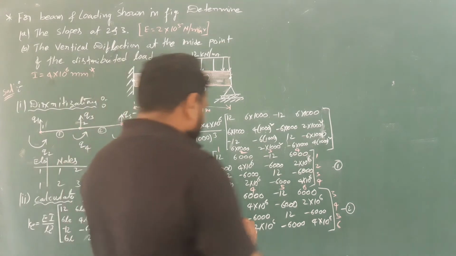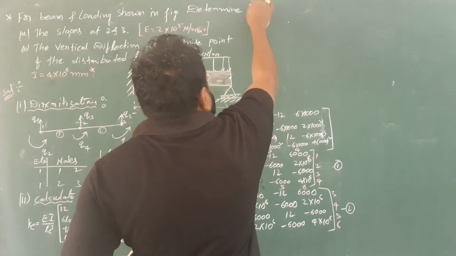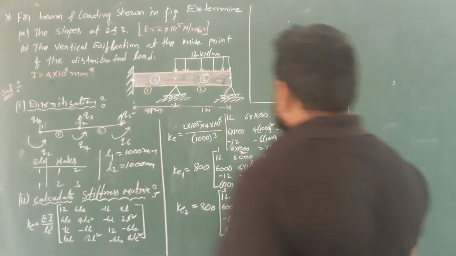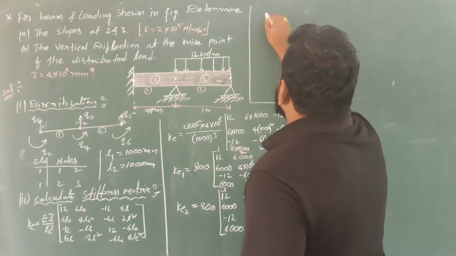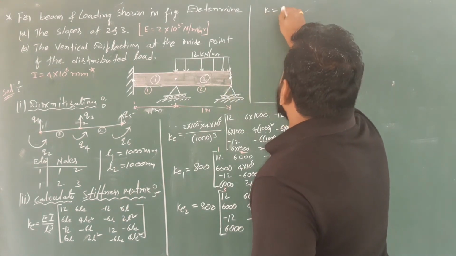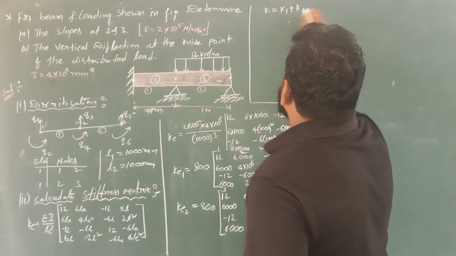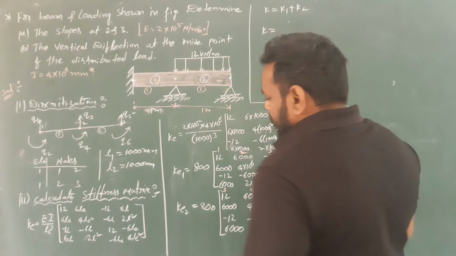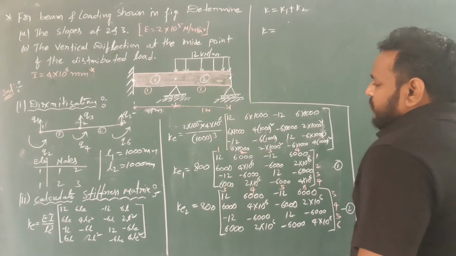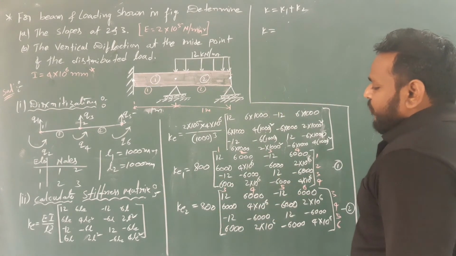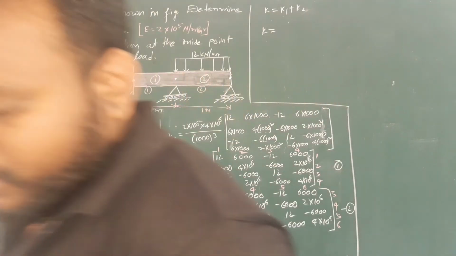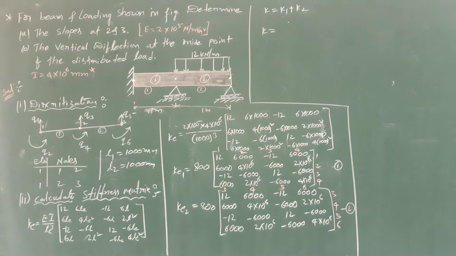Okay. Now find out the global stiffness matrix. So K is equal to K1 plus K2. Okay. Here 8000, here 8000. So the entire global stiffness matrix is big. Okay.